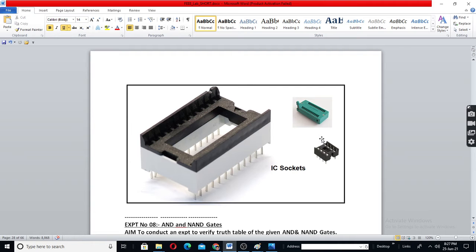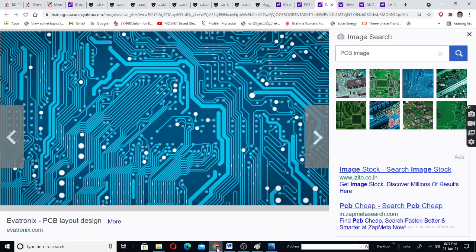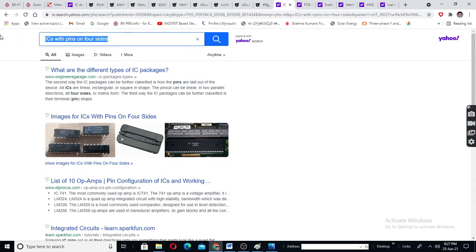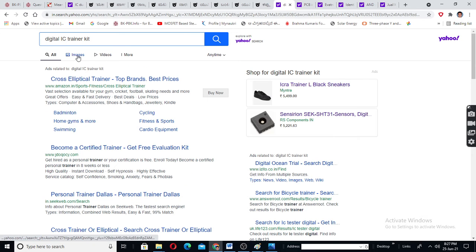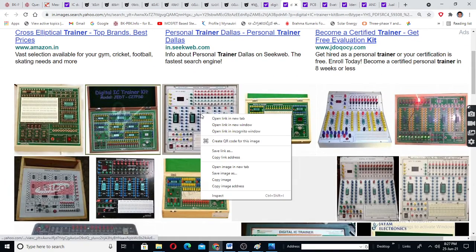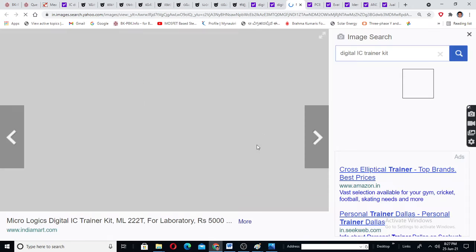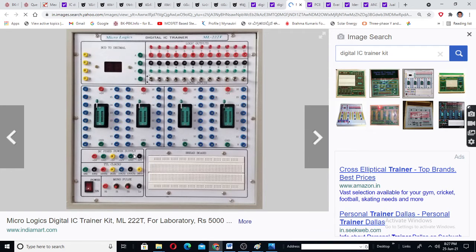Anyhow, when you see the IC kit, the digital IC trainer kit, let us see. Okay, we'll see that. See, it will look like this. In this kit, you have different IC sockets. You can insert your IC here, and you have inputs.